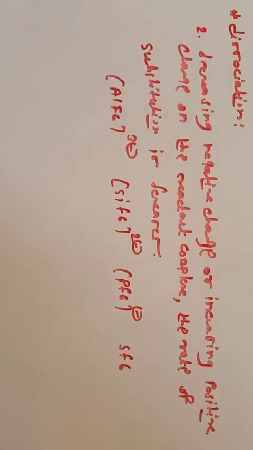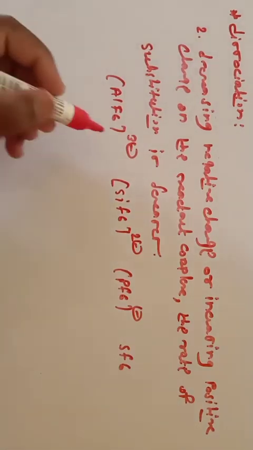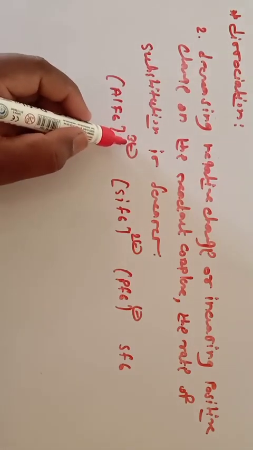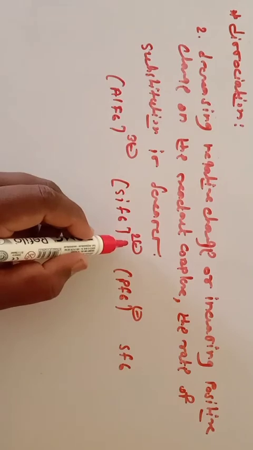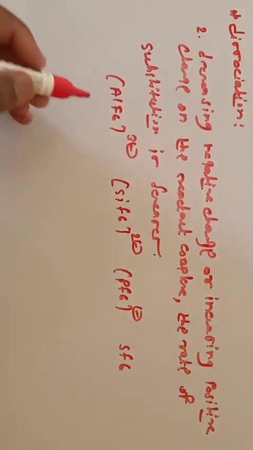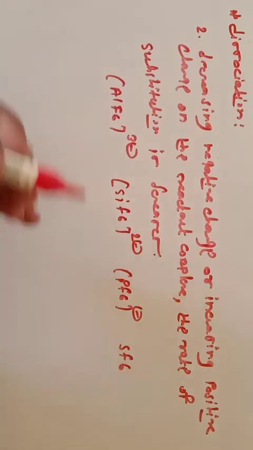So what does this indicate? Decreasing the negative charge or increasing the positive charge: the first has a -3 charge on the complex, the next has -2, then -1, and the last is a neutral species.